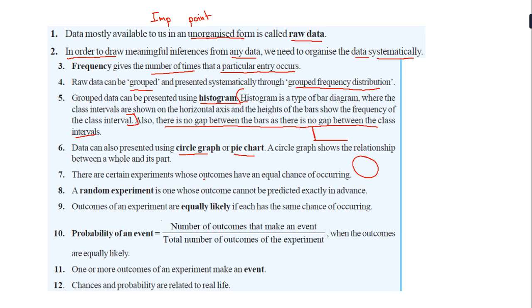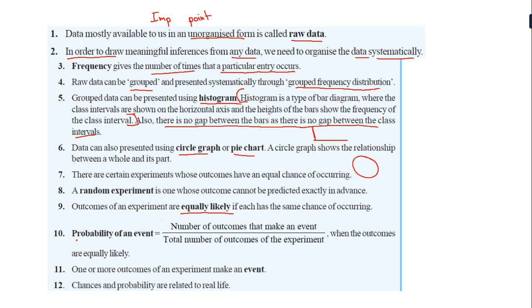There are certain experiments whose outcomes have an equal chance of occurring, that is probability. A random experiment is one whose outcome cannot be predicted exactly in advance. Outcomes of an experiment are equally likely if each has the same chance of occurring.